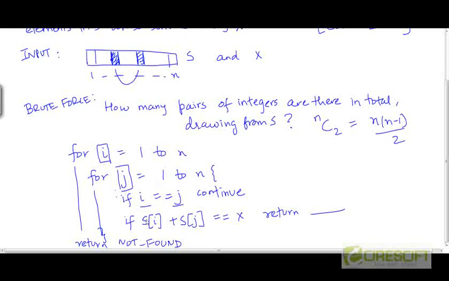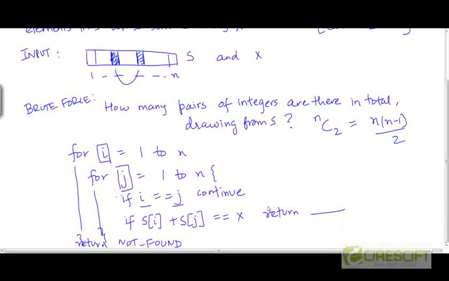These two statements are within the body of this inner loop, and this return not found is placed after the end of both the loops. If we exit this double loop without returning in the middle, it means that we checked all possible pairs of integers from S, and we verified that none of them add up to x. And so we say that we didn't find such a pair.